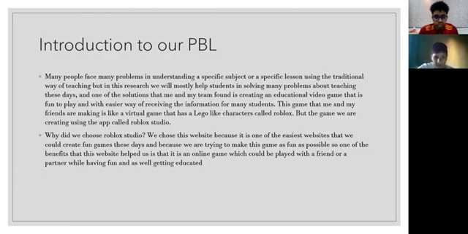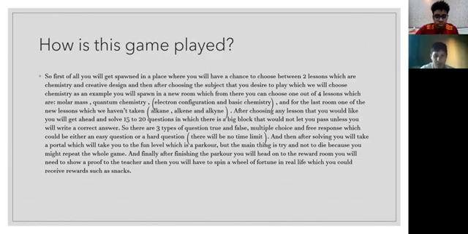Okay, so for now, we'll talk about how this game is played exactly. First of all, you need to get spawned in a specific location, a small room, where you get to choose between 2 to 3 subjects, which are chemistry and creative design, and electricity and magnetism. When you choose a specific subject, we will choose chemistry, because this is a chemistry presentation.